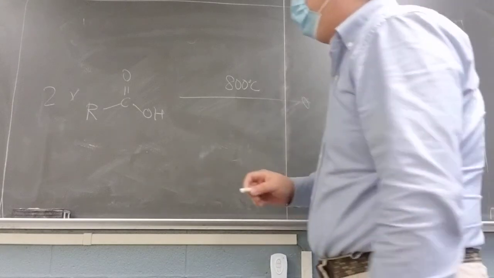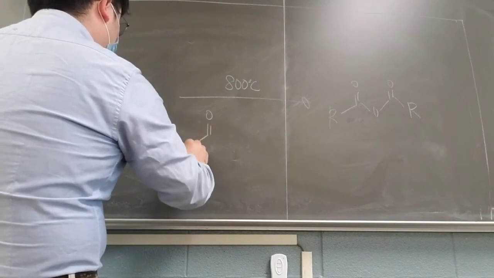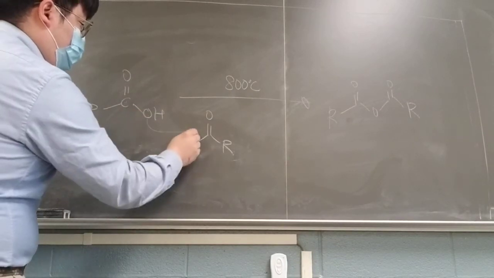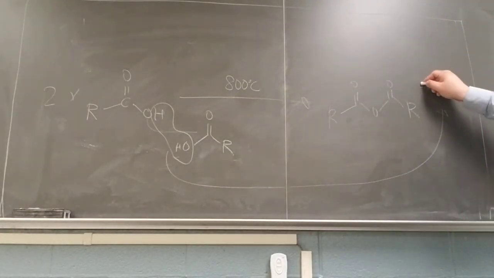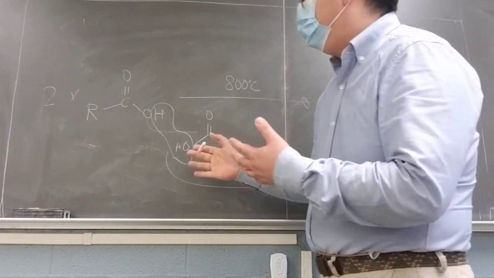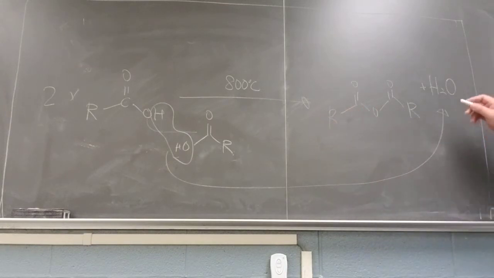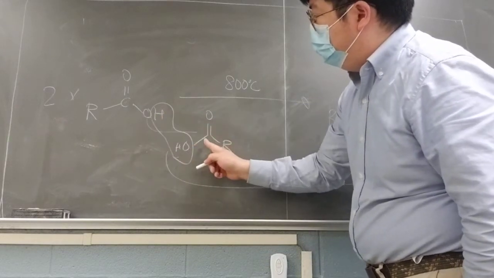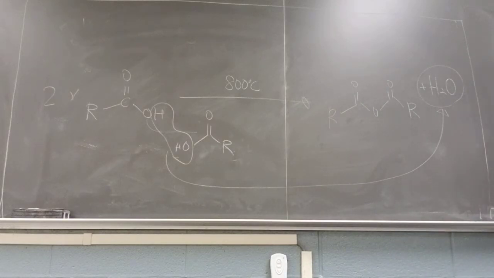So what happens here is if you have 2 of them, this bonds to there, and water will come out. So if you treat your carboxyl group with a very high temperature, you may have some anhydride form at the end with water, because of those 2 interactions on those carbons, and the water will just come out. So this is something you can do.